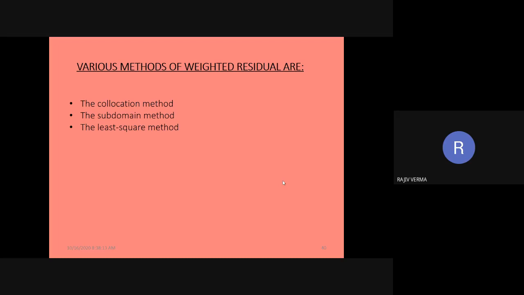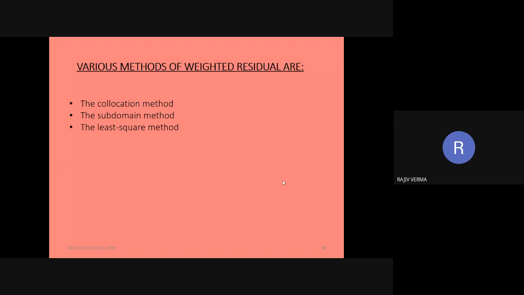Now the next step in all these three methods is that the boundary condition is supposed to be substituted in the trial function. Trial function is also known as the assumed polynomial.